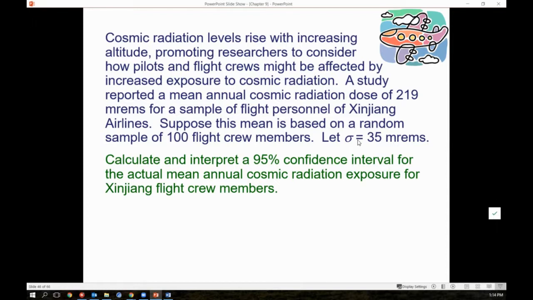The notes themselves have the typo, because the whole deal on this one is that sigma is known. Okay, so before we even can begin, we have to verify that our conditions are met.